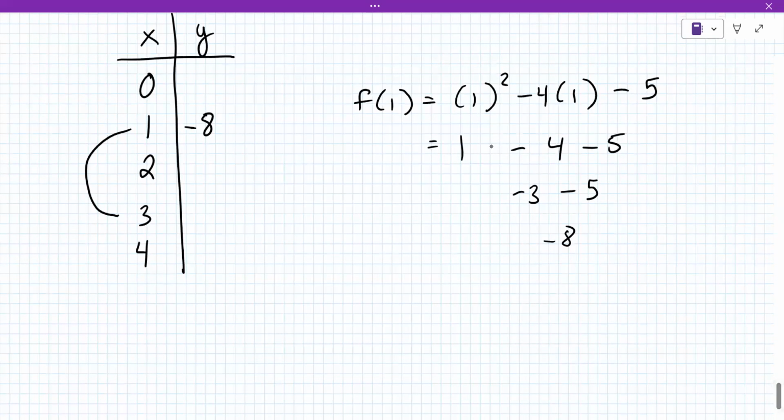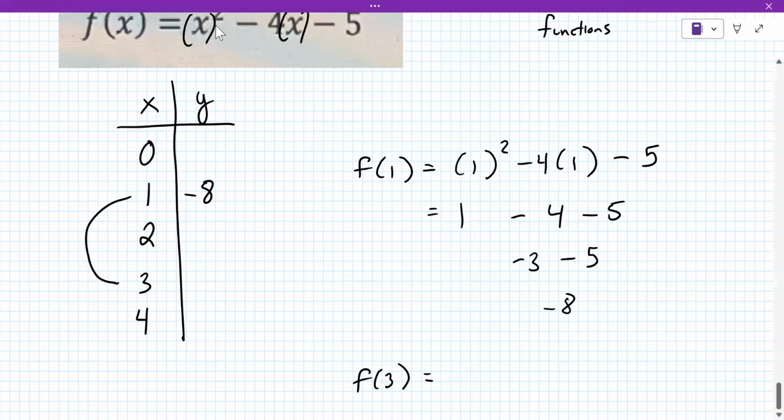So that is supposed to be the same as 3. So let's have you calculate that next. F of 3 equals, now you're putting 3 wherever you see an X. So 3 squared minus 4 times 3 minus 5.